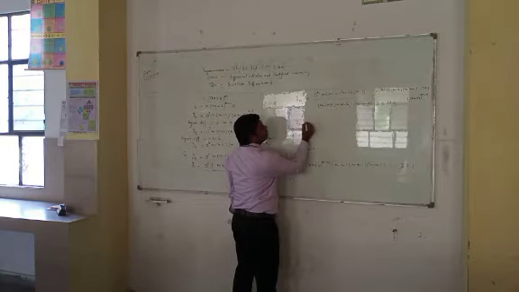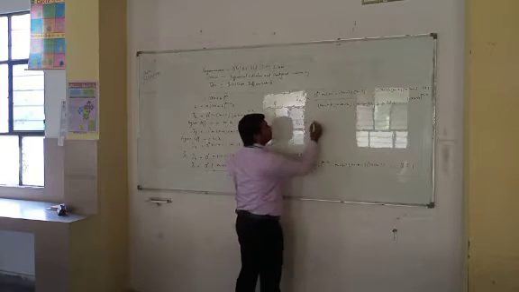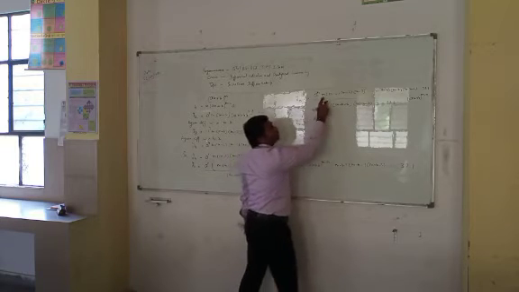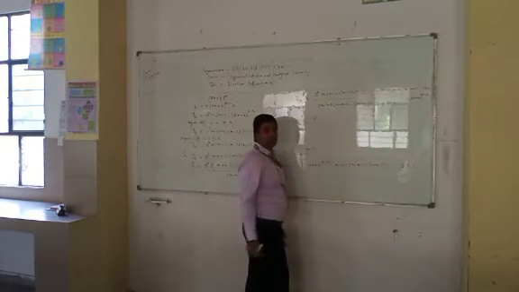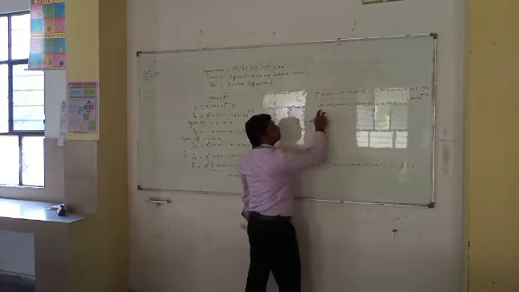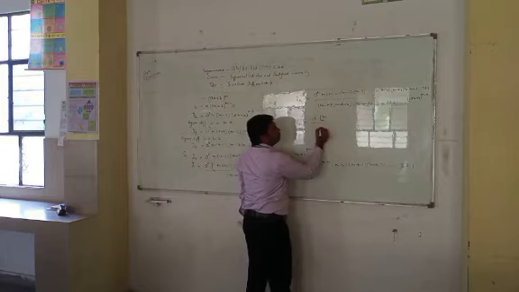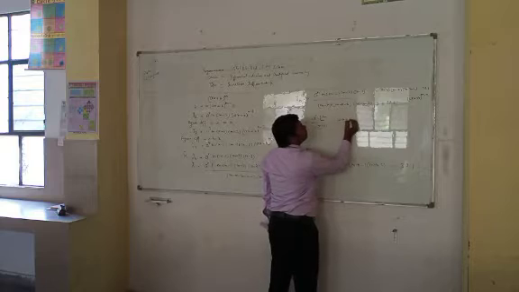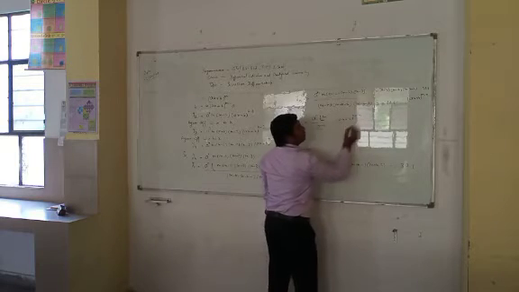Now this can be written as yn is equal to a to the power n, and this expression is factorial m upon factorial m minus n, and (ax + b) to the power m minus n.